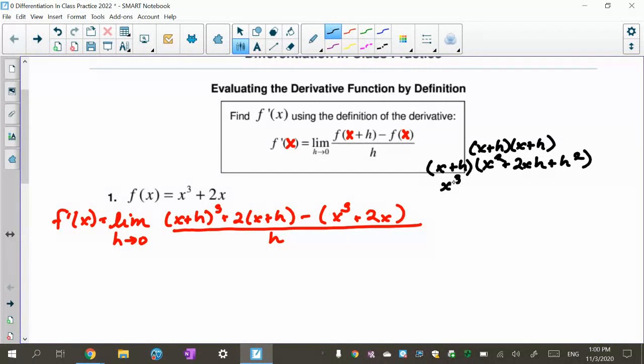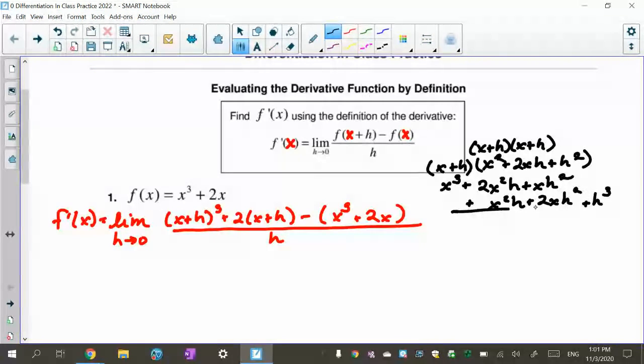So this comes to be x cubed plus 2x squared h, so I multiply them all through by h, plus xh squared. And then I multiply everything by h, so plus x squared h plus 2xh squared plus h cubed.